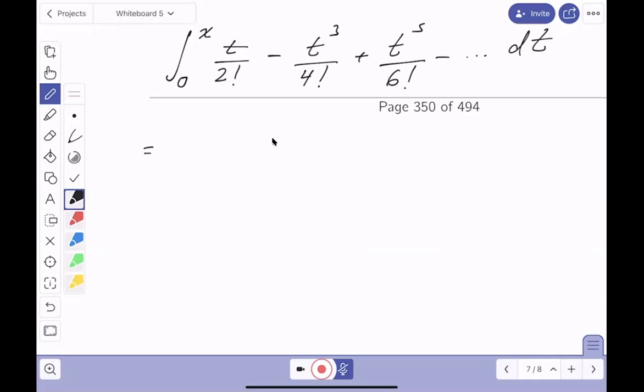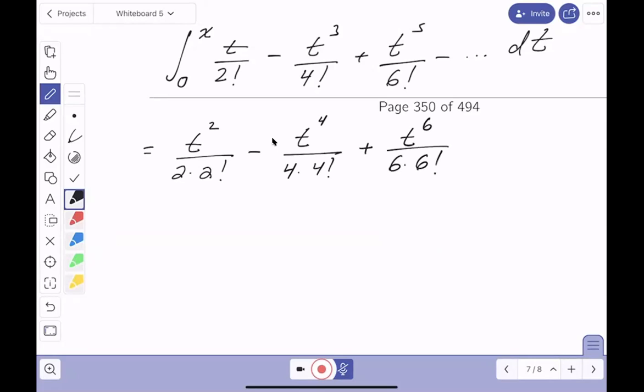So what are you going to get? t squared over 2 times 2 factorial minus t to the 4 over 4 times 4 factorial plus t to the 6 over 6 times 6 factorial minus yada, yada, yada.